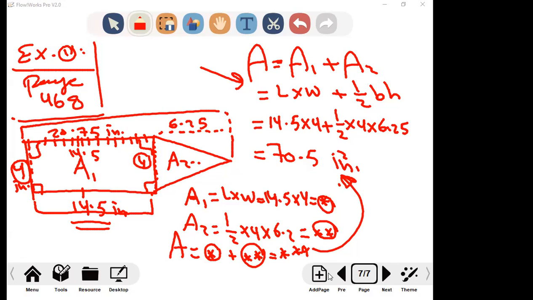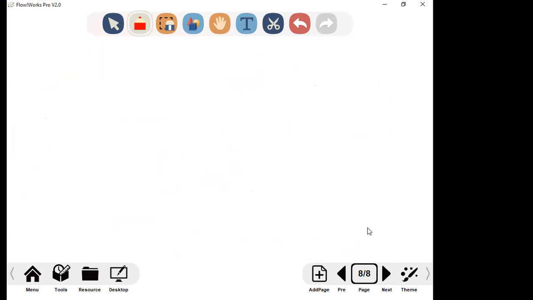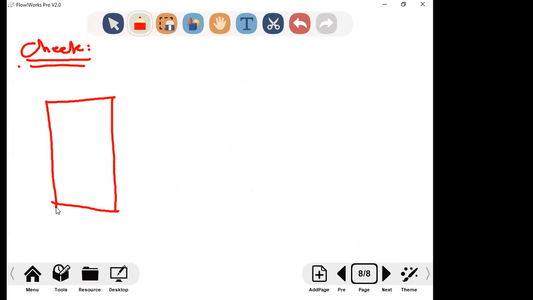So, now let's go to the check after this example together. Now in the check we have something like this. Down we have a rectangle, right? And up we have a semicircle.